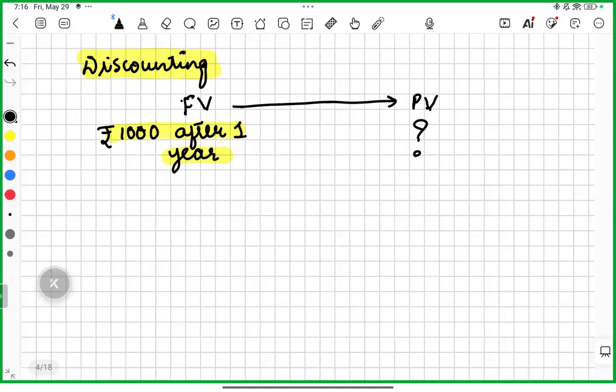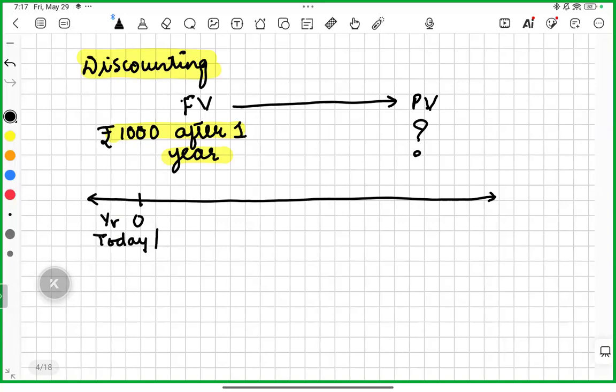So what technique of time value of money will we use? It is called time value of money. If I draw a simple timeline, year zero means present or today. And let us say I give you rupees 1000 after 5 years.